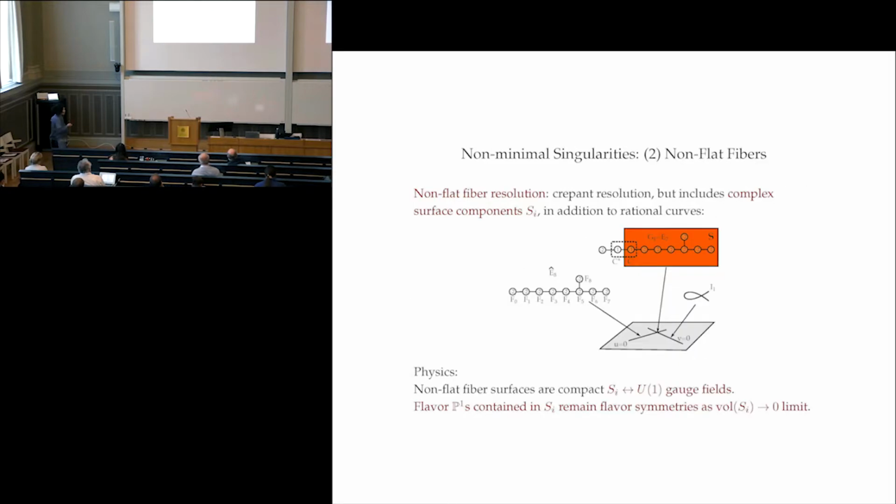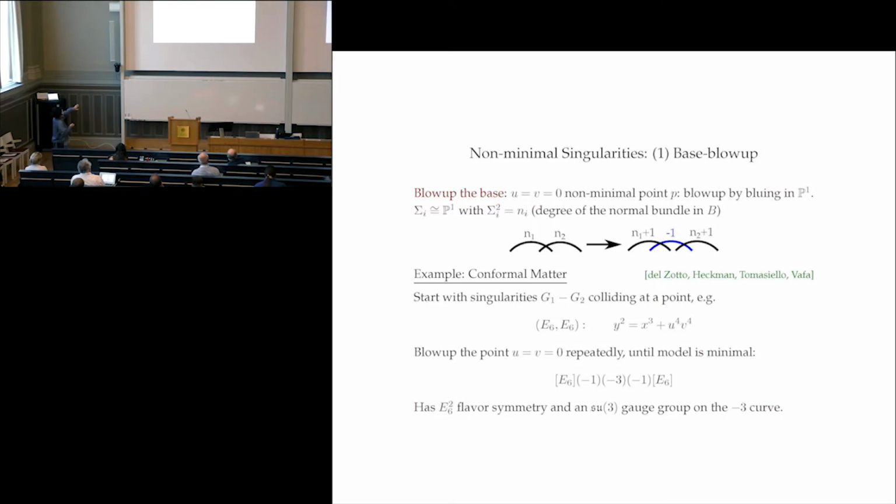Okay, so this was what you do in 6 dimensions, where you blow up the base, you go into the tensor branch. What you want to do is, we actually blow up the fiber. So what happens if you have a non-minimal locus in codimension 2, and you blow up the fiber?